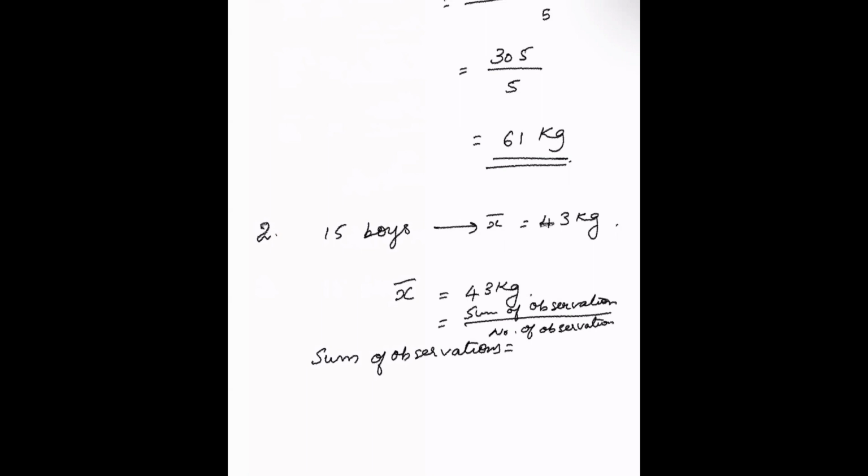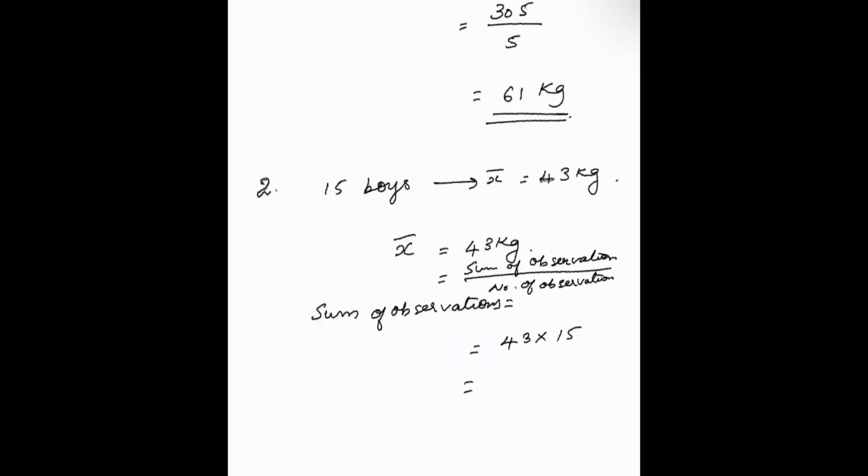You know the number of observations, it is 15 boys. You know the mean, that is 43 kilo. So don't you think you can write sum of observations as 43 into 15? That gives me the sum of observations for 15 boys. I get 645. Just check whether you got the same answer.